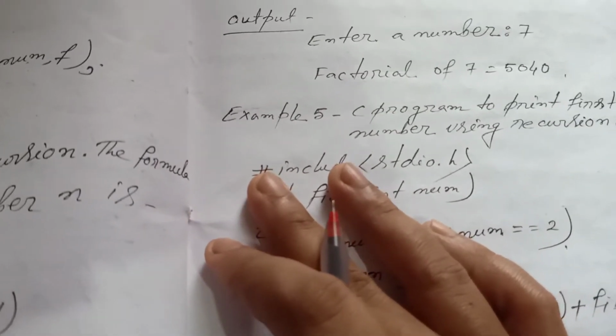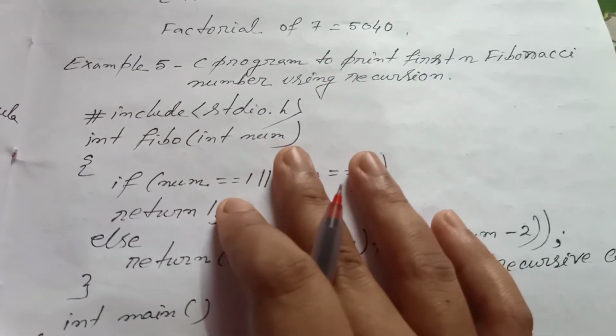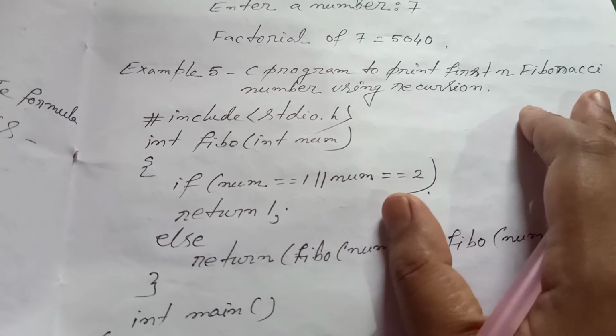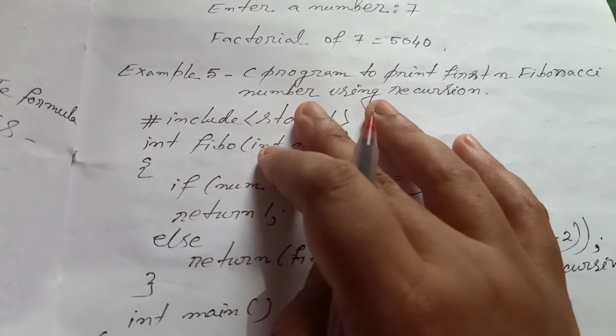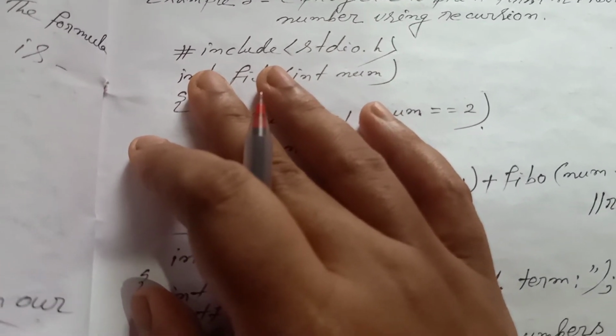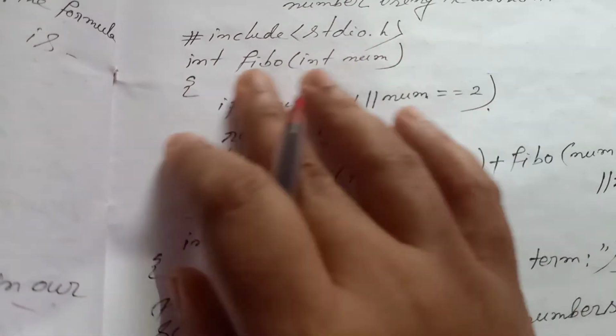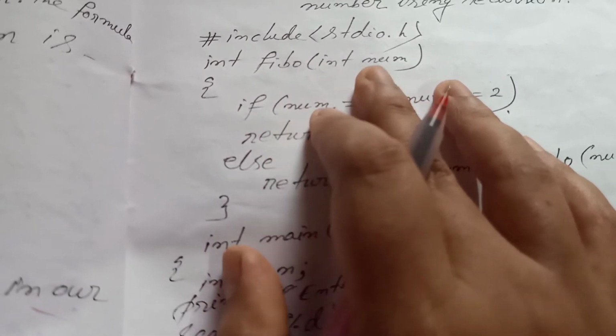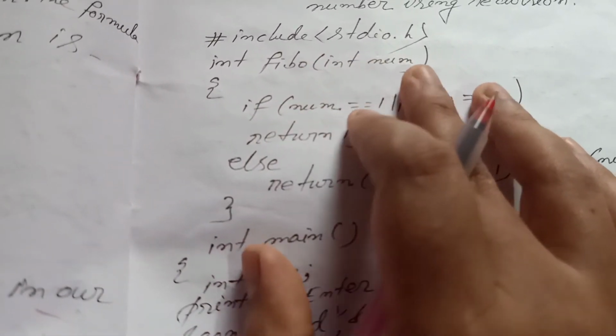Okay. Let's take another example of a recursive function. A C program to print the first n Fibonacci series using recursion. So it starts with #include <stdio.h>, int fibo with the argument num.